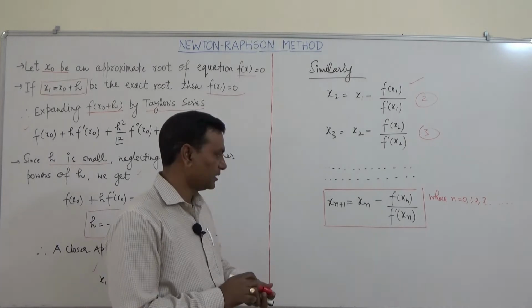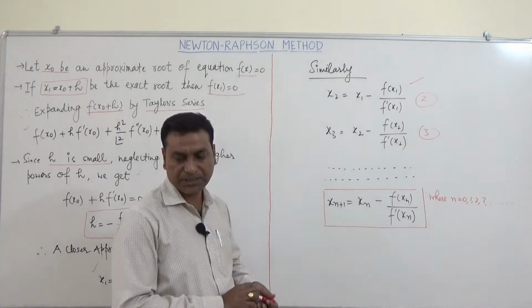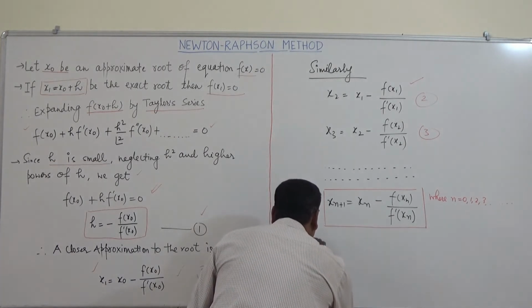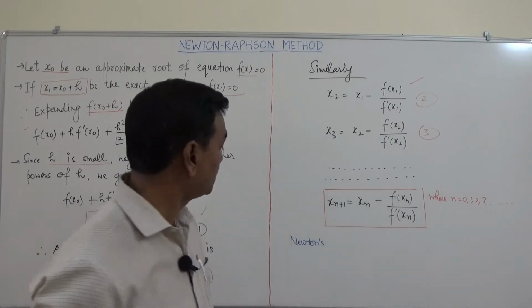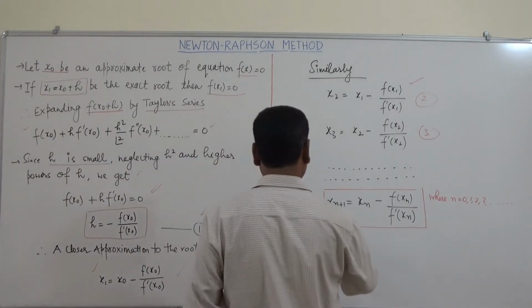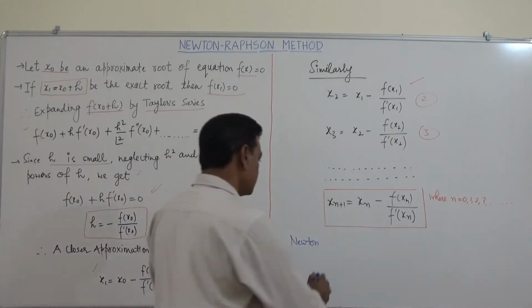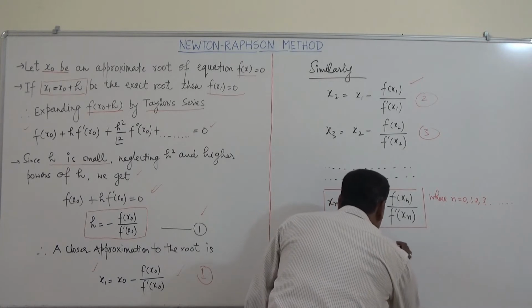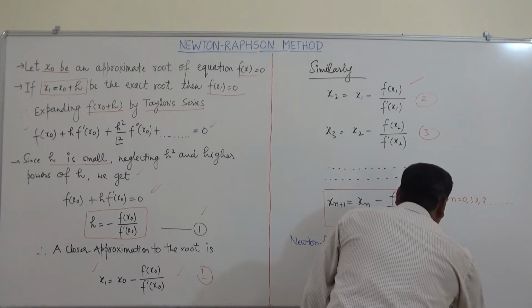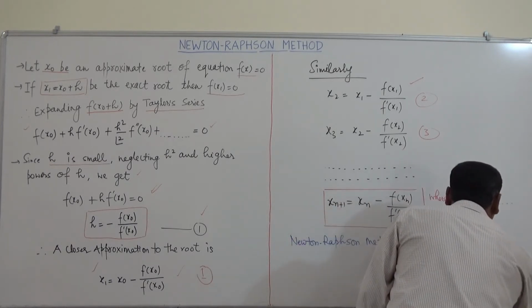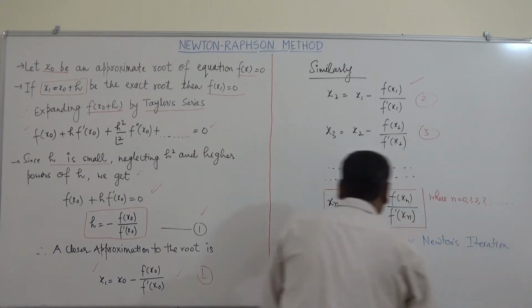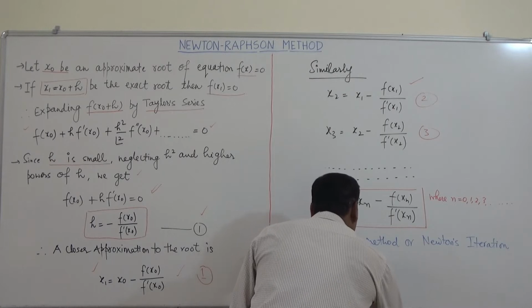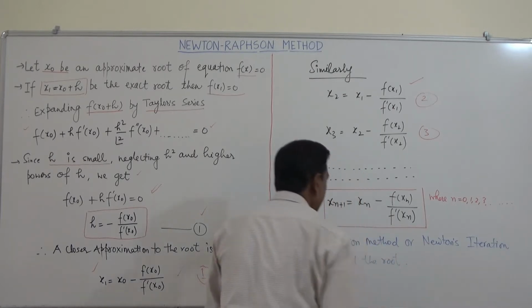So this is known as the Newton-Raphson formula, or the Newton-Raphson method, or Newton's iteration formula to find the root of an equation.